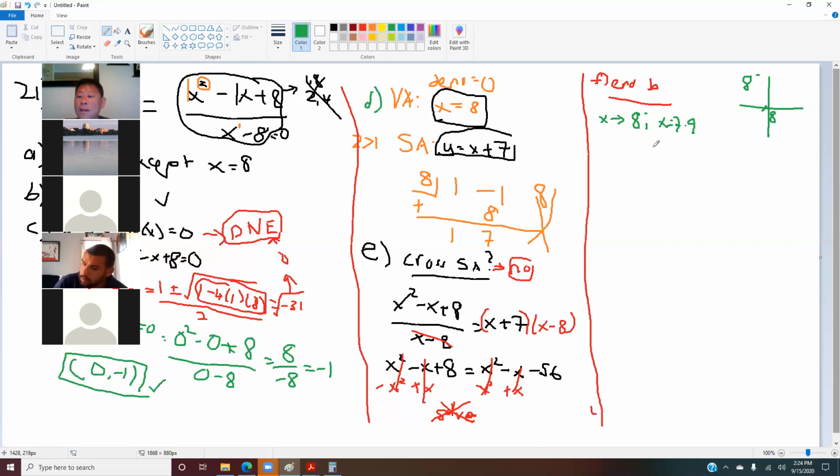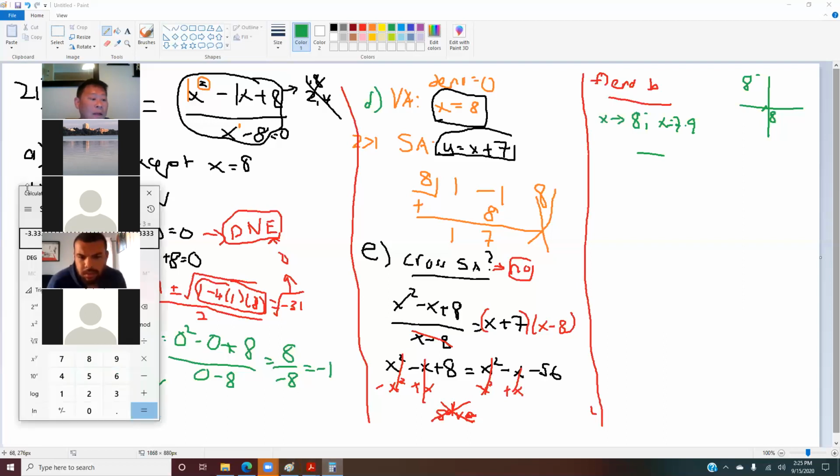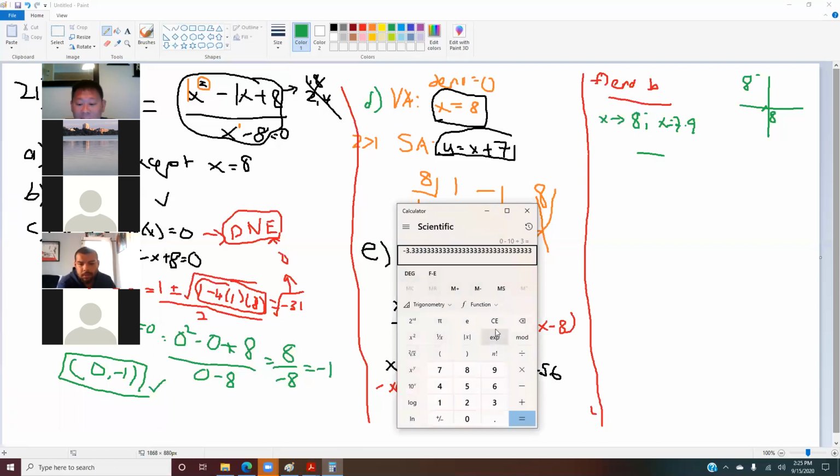So what you do here is plug 7.9 into this equation, and you want to figure out, are they having a plus or a minus? This is kind of like a calculator type. So 7.9. I just need to figure out the sign. I don't care about the number. So 7.9 squared, minus 7.9, plus 8.